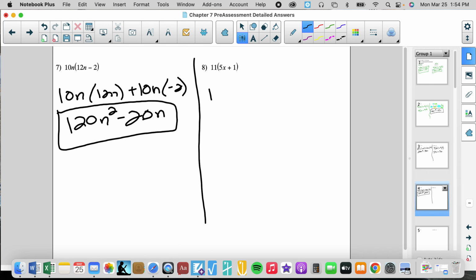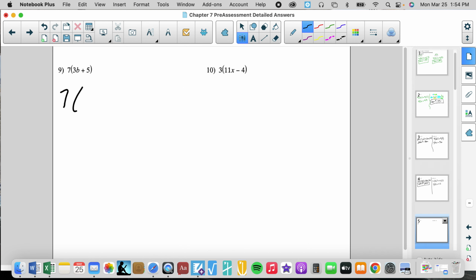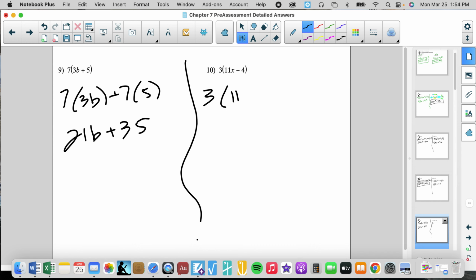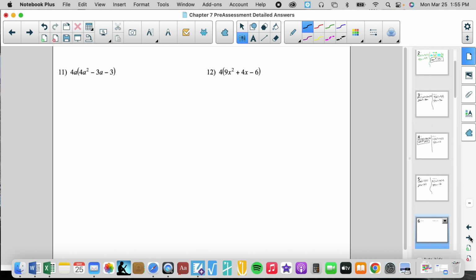We're going to distribute 11 to 5x and 11 to 1, which gives us 55x plus 11. 7 times 3b plus 7 times 5 is 21b plus 35. 3 times 11x plus 3 times negative 4, 33x minus 12. Now we have a monomial times a trinomial, so we will just distribute 3 times.